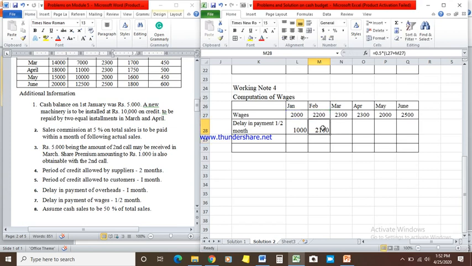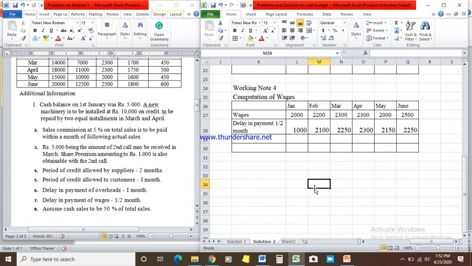If we do, we get the answer. Similarly, here I am going to use the same formula: 50% of previous month, that is February, plus current month. So by doing like this, we are going to calculate the wages. So again, I am just going to drag using the formula, and we are going to come to know how much is the payment on account of wages.